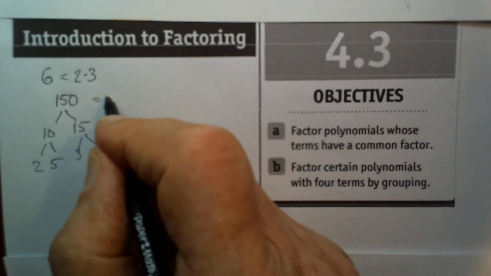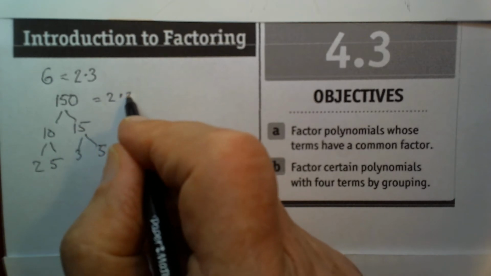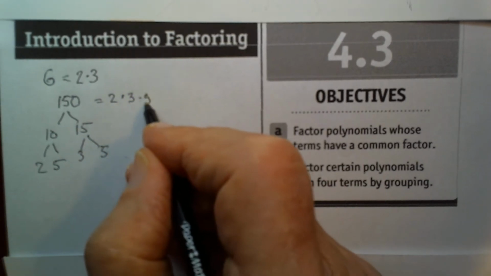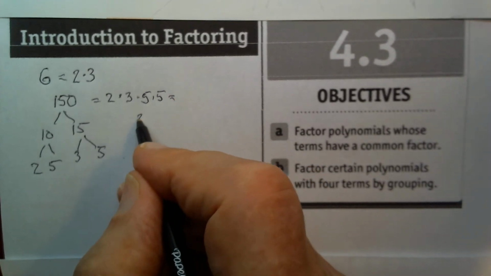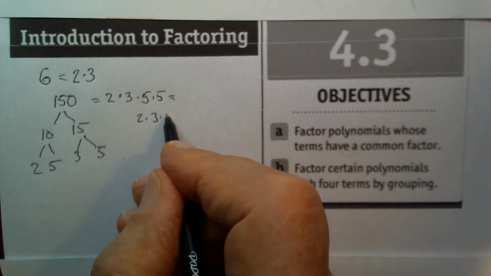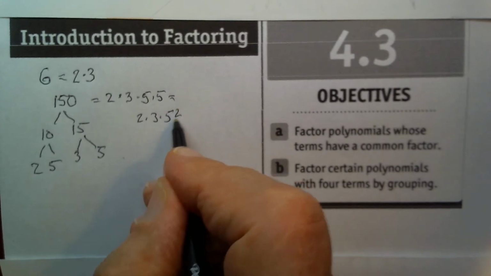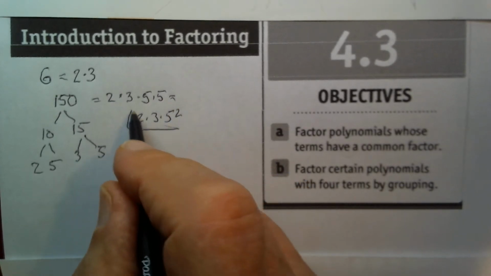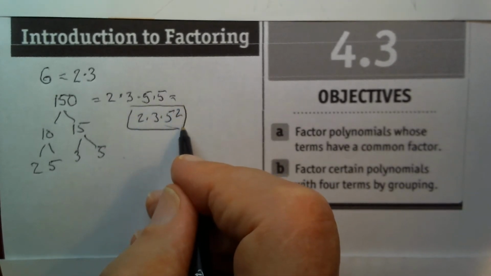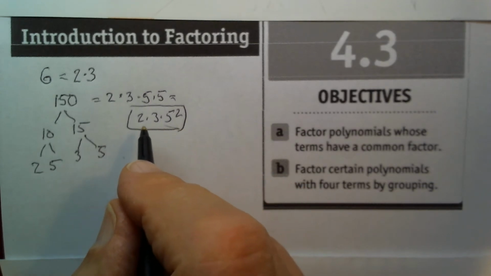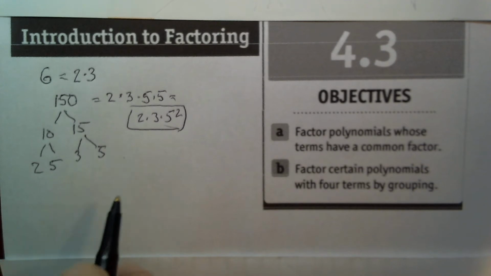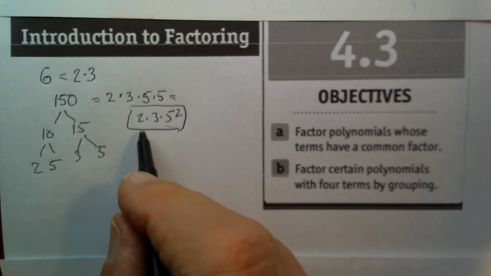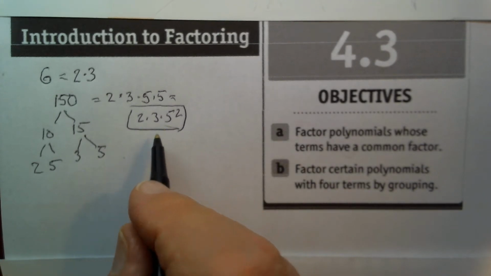We can write it as 2 times 3 times 5 times 5, or more commonly it's written as 2 times 3 times 5 squared. And that is the prime factorization of 150. And it doesn't matter how you start, in the end it's the same factorization. It's called a prime factorization because every factor is a prime number.